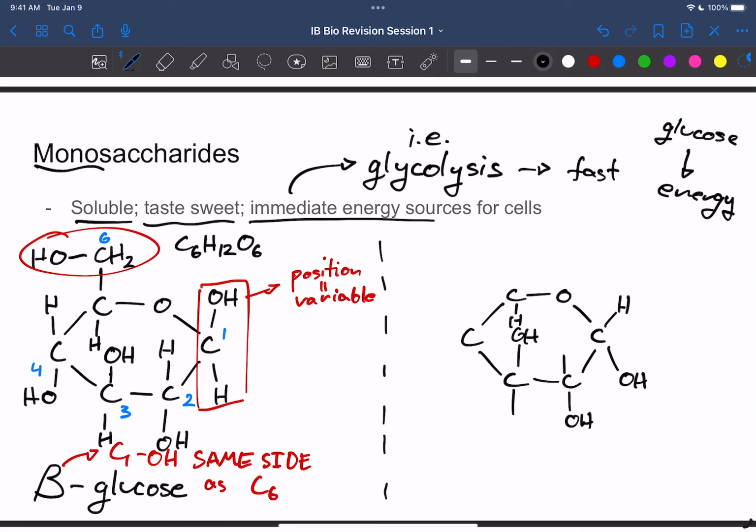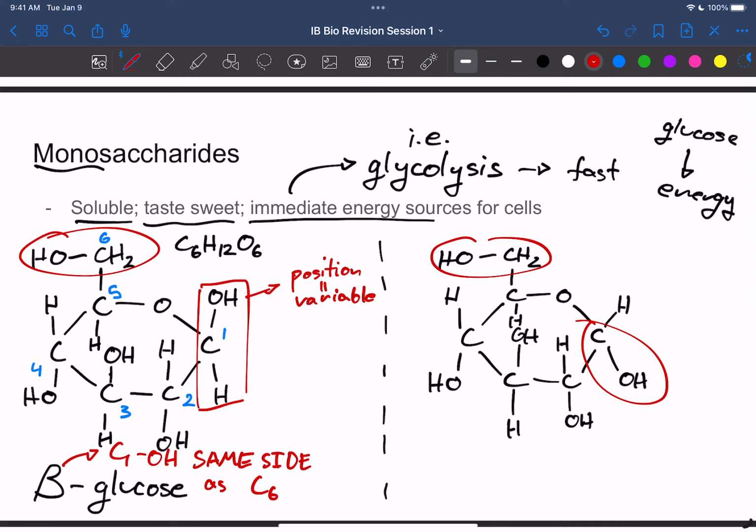There we go. Now, if we look at C6 and C1, specifically their OH groups, they're on opposite sides.